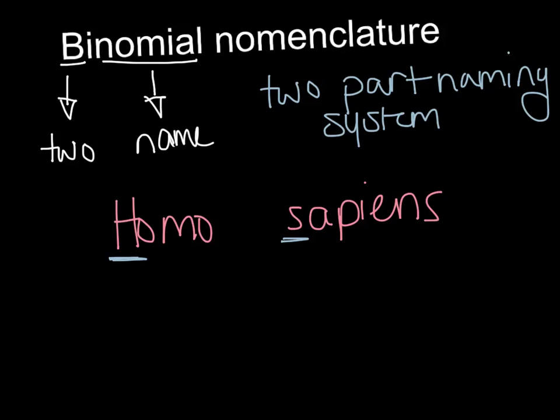What these two words are made of is the genus and the species that they belong to. In this case, Homo is the genus, and the species, in this case, sapiens.